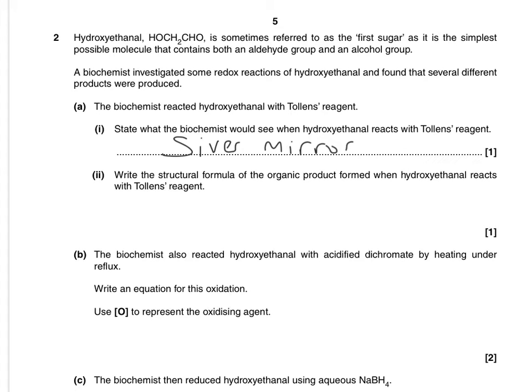Tollens reagent is a mild oxidizing agent, so when it reacts with the aldehyde group, it's going to oxidize this and it'll get oxidized to a carboxylic acid. So you can see there's no change at the primary alcohol part of the molecule, but there is a change at the aldehyde part. So that's converted to a carboxylic acid.